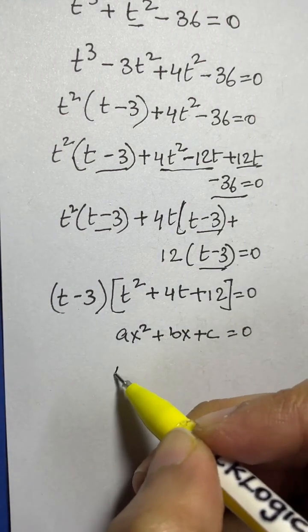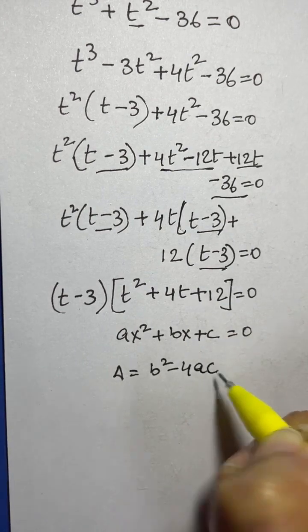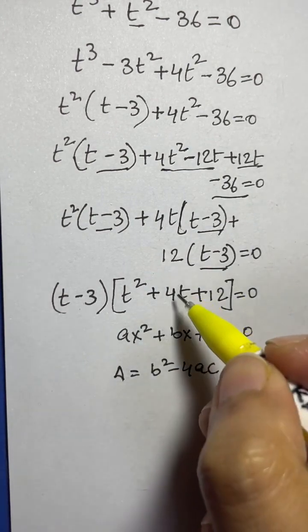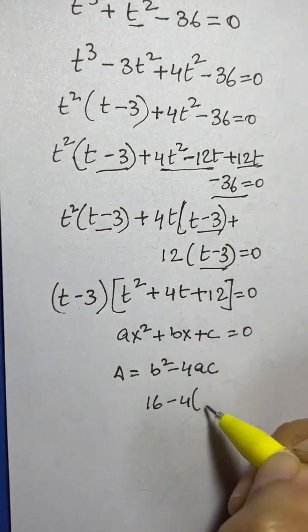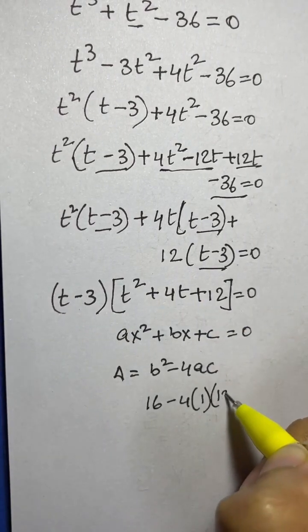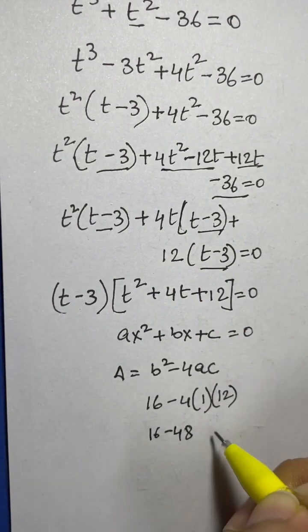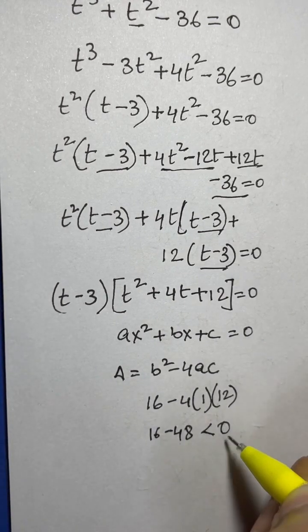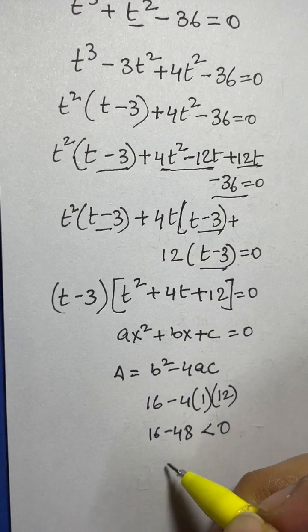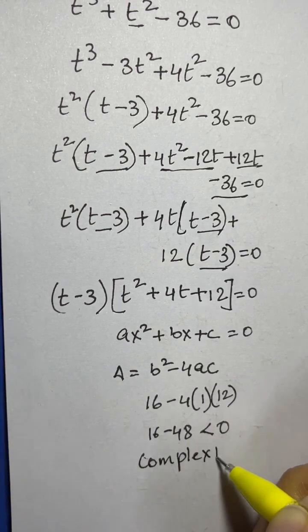Let's find out what the discriminant says. It's b squared minus 4ac. So b squared is 4 squared, that's 16, minus 4 times 1 times 12. So you have 16 minus 48, which is less than 0. If the discriminant is less than 0, you have imaginary solutions, so you have complex roots.